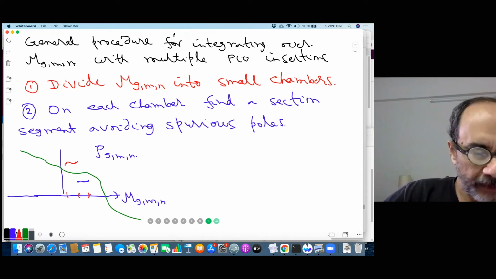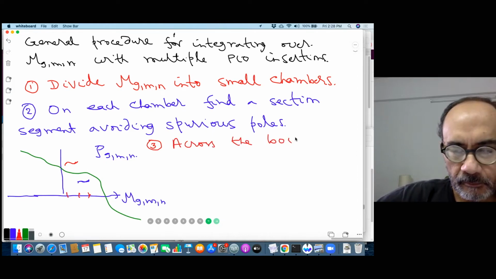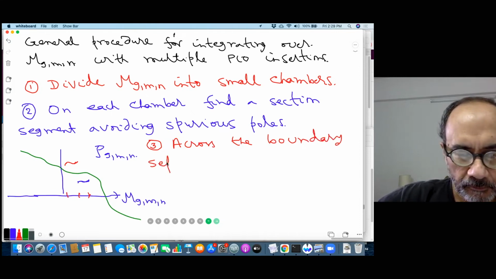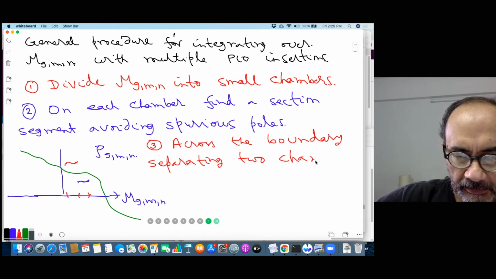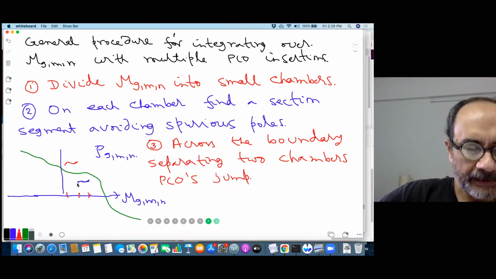But now you see that across the boundary separating two chambers, the PCOs jump, because clearly this doesn't fit continuously.